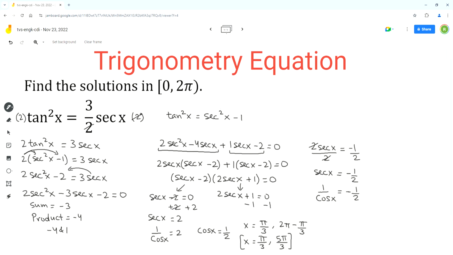Next, we can flip the fractions on both sides. Negative 2 over 1 is equal to just negative 2. We know that the maximum value for cos is positive 1 and the minimum value for cos is negative 1. So cos x can never be equal to negative 2. So this is an invalid solution.